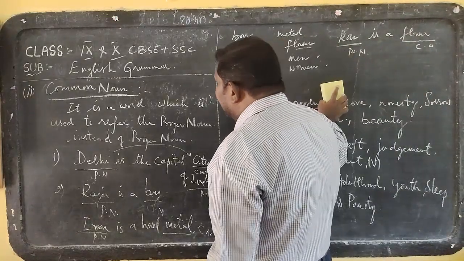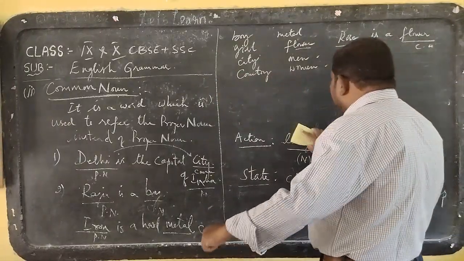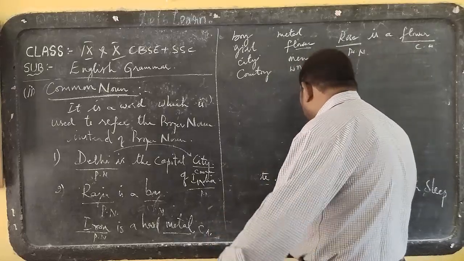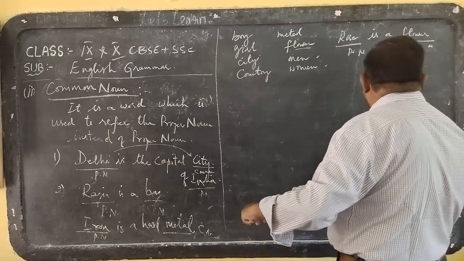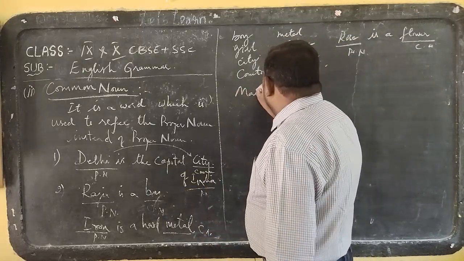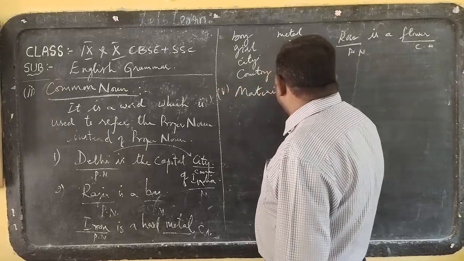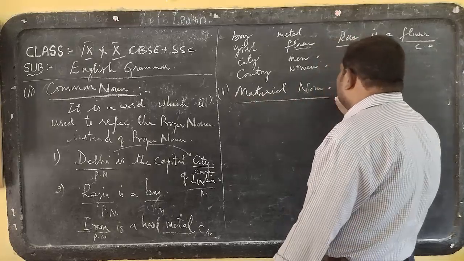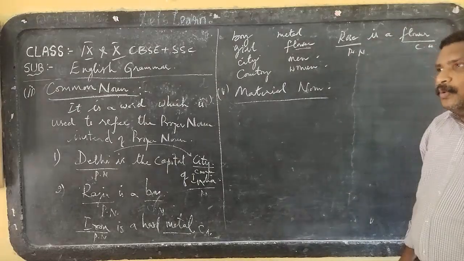Let's go to the last part, that is material noun. The fifth classification of nouns, dear children, is the material noun. Now material noun also is a self-expressive word.